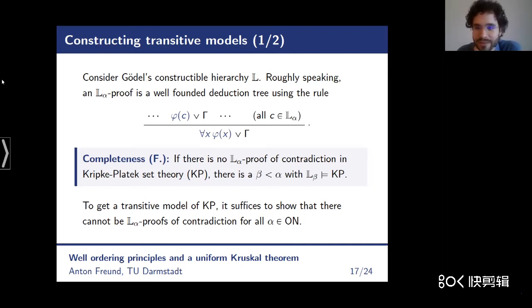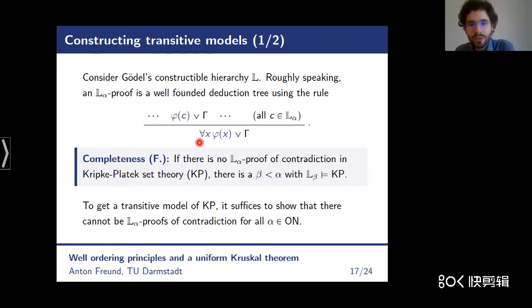And based on this constructible hierarchy of sets due to Gödel, you can introduce the notion of L alpha proof for an ordinal alpha. So L alpha is a stage in this constructible hierarchy of Gödel, and an L alpha proof is something very similar to an omega proof.